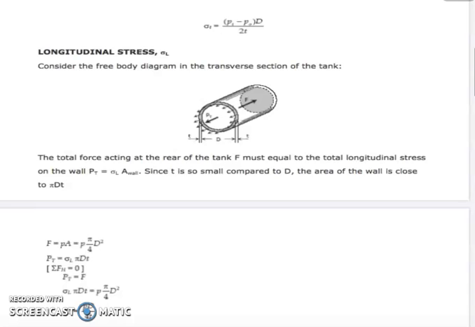Therefore, our longitudinal stress is equivalent to pressure times the diameter all over 4T.